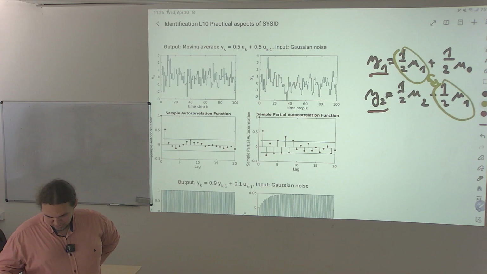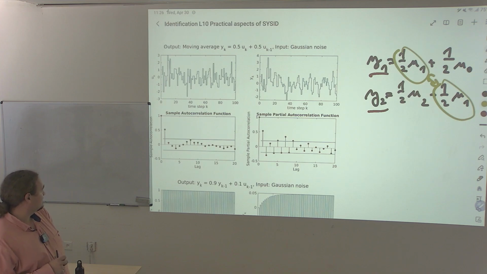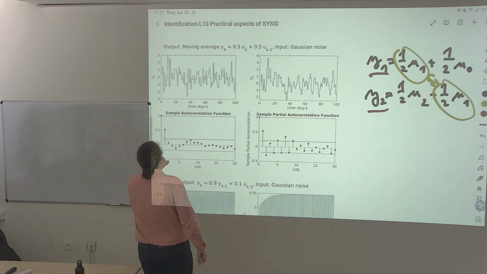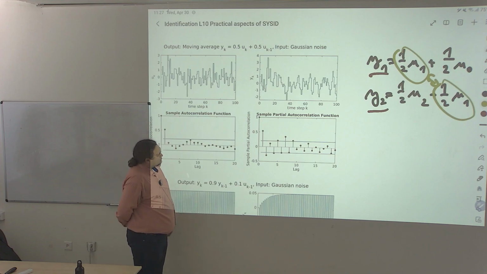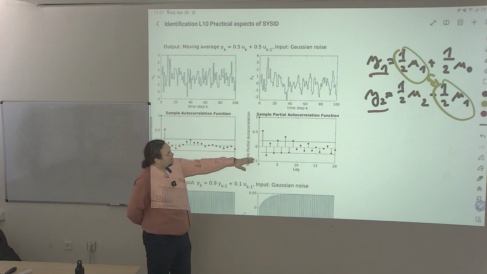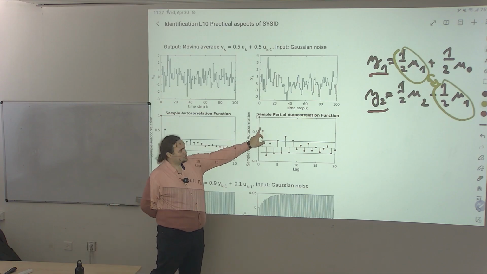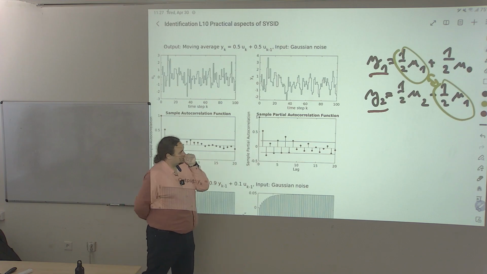Good. So in this case, this data is suggesting that we should at least think about some dynamic model that is shifted at least one sample backwards. Again, there is nothing. Our partial autocorrelation function again starts in a similar fashion, but then it deviates.